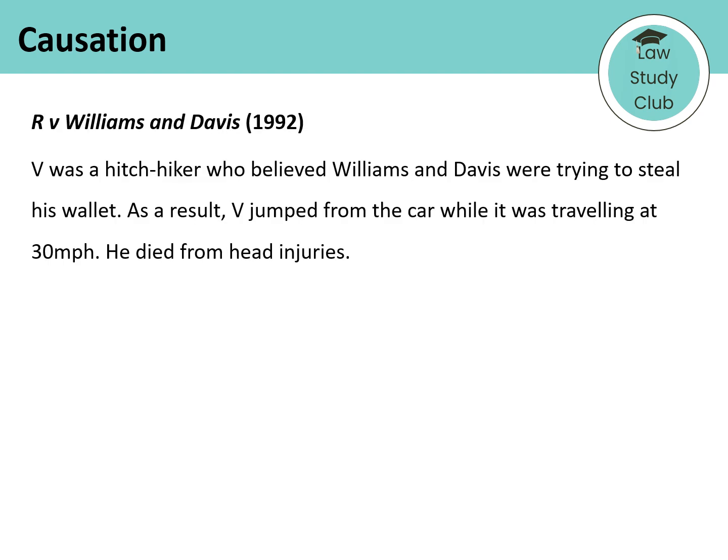We'll start with a case that shows us the victim's own act as a break in the chain of causation. In Williams and Davis, the victim died after jumping from a moving car when he thought the driver and his friend were trying to steal his wallet. The question for the court was whether the victim's decision to jump from the car was sufficiently independent of the defendant's alleged theft and sufficiently serious to break the chain of causation.